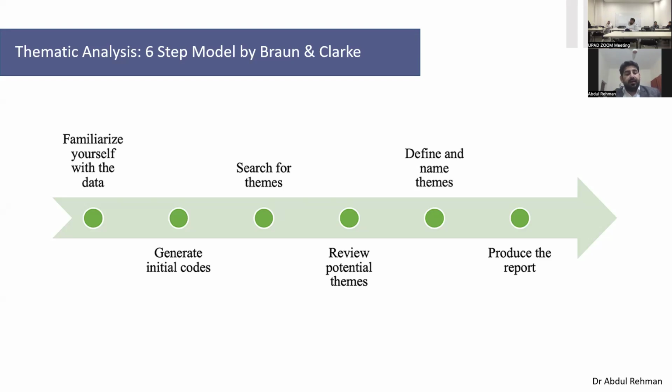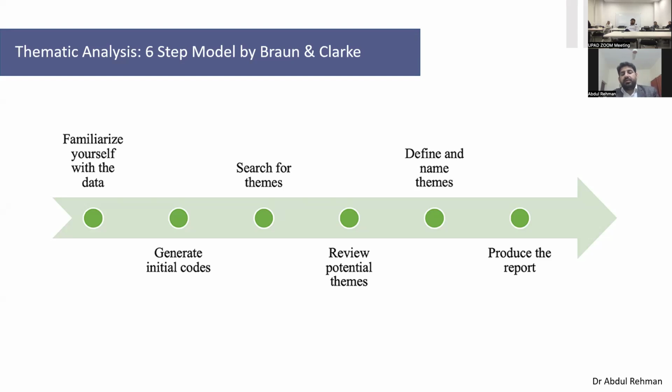In this third stage, on the basis of initial codes, we will develop some themes. We can say that this data is talking about the environment, this data is talking about environmental degradation, and this data is talking about built habitat or flora and fauna.